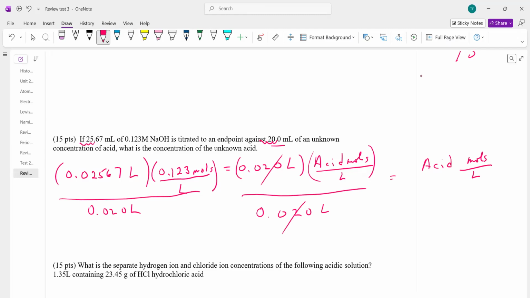Leaves us with the acid concentration. Okay, so 3 sig figs.